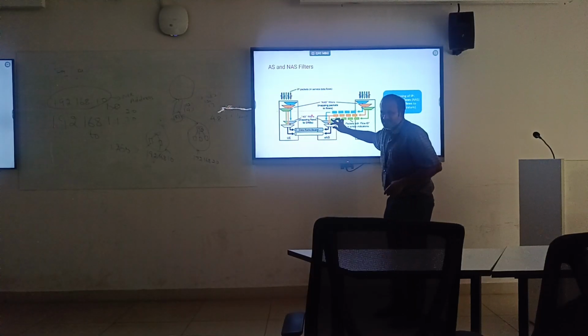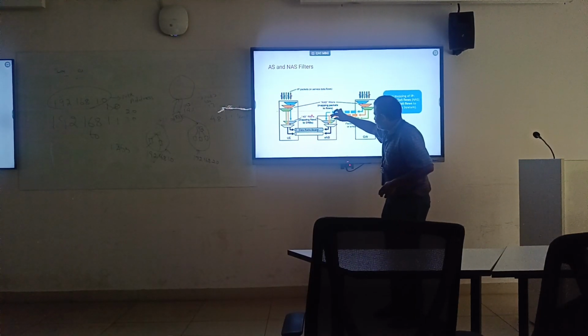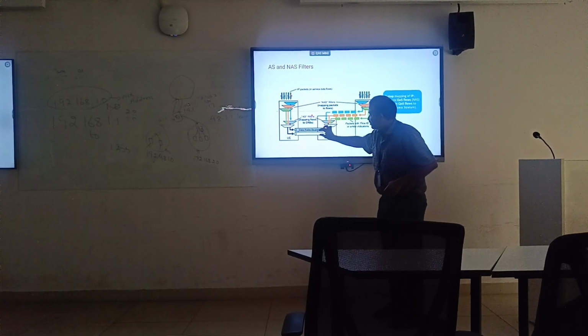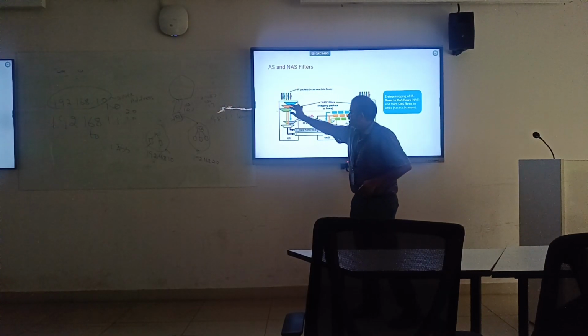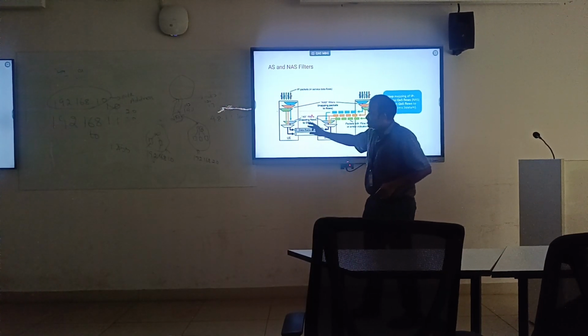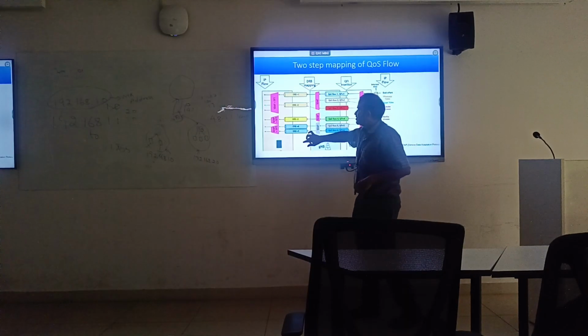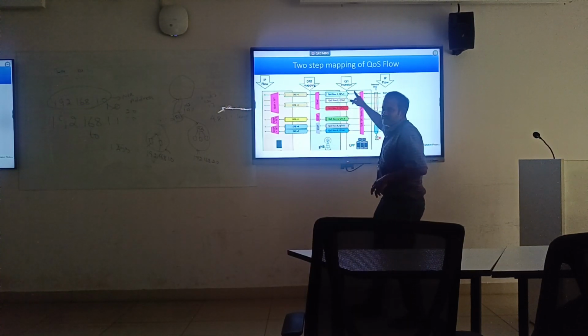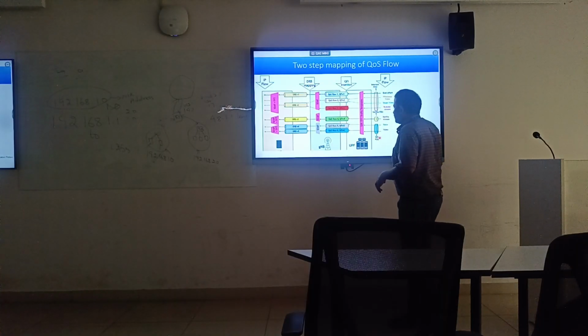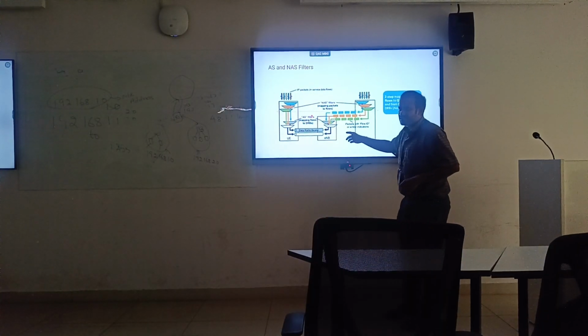Correct? Then it goes to the gNodeB. From the gNodeB, it goes via radio bearer and reaches the user. So the user equipment also has an SDF template. Correct? This is what they have given in this tutorial database.